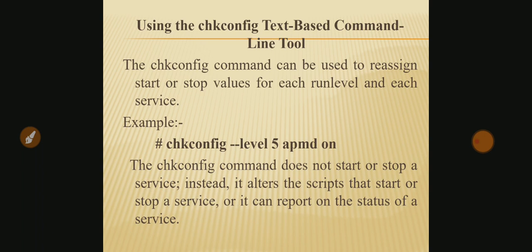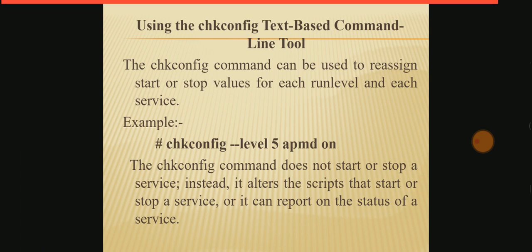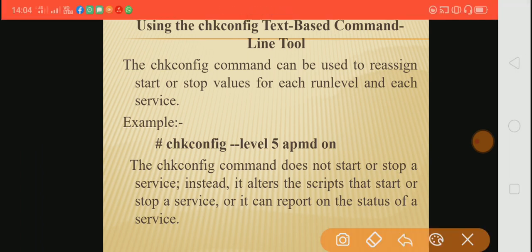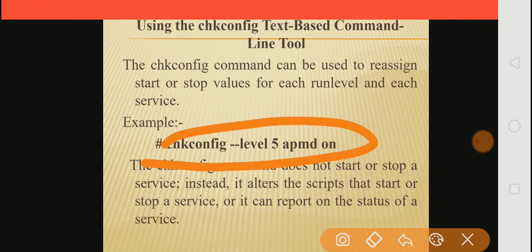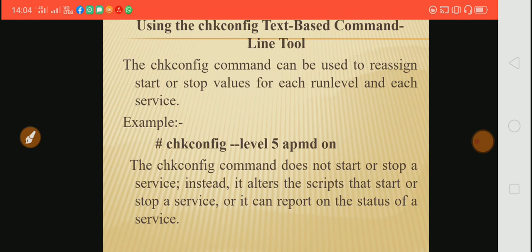This is no doubt a very nice command line tool for controlling the services. The chkconfig command can be used to reassign start or stop values for each run level in each service. So in each service you can change the status of the service, that is on or off, also called values. For example, suppose there is a service called apmd and we want to make it on in run level 5, we can fire a command like this: chkconfig --level 5 apmd on.